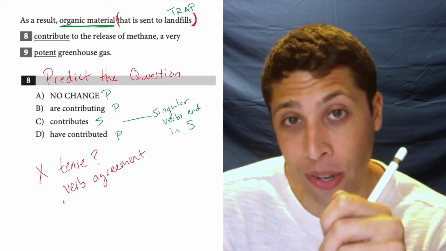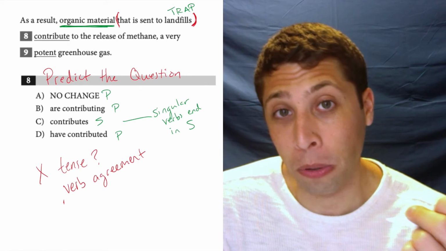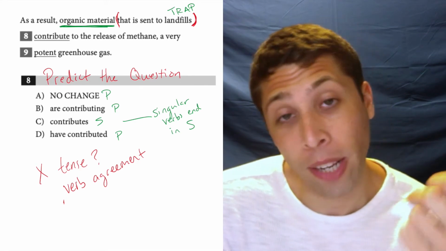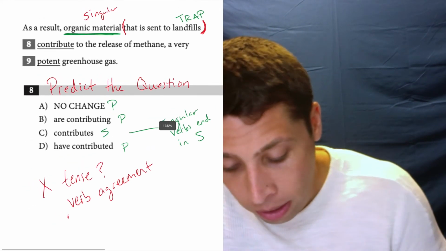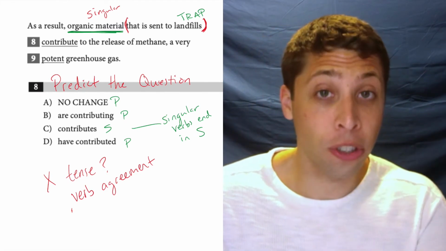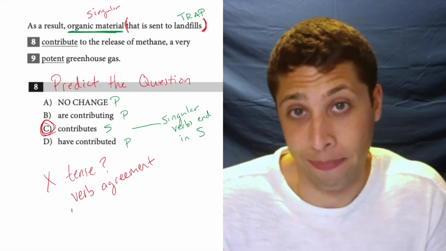That's the subject of the sentence. Now, is that singular or plural? Well, it's material, not materials, right? So that indicates that it is singular. And so if it's a singular subject, then we need a singular verb to match with it.